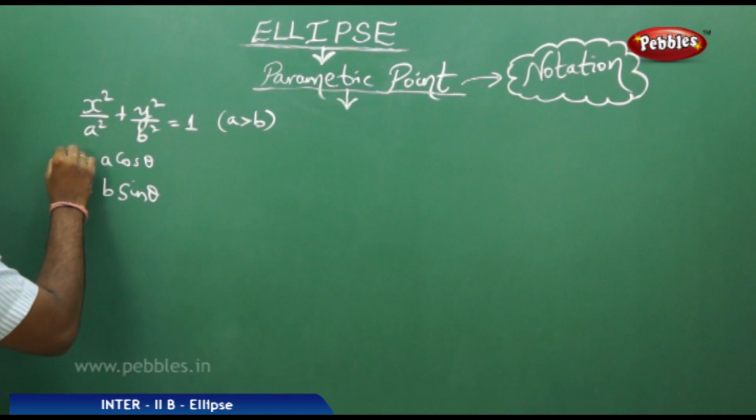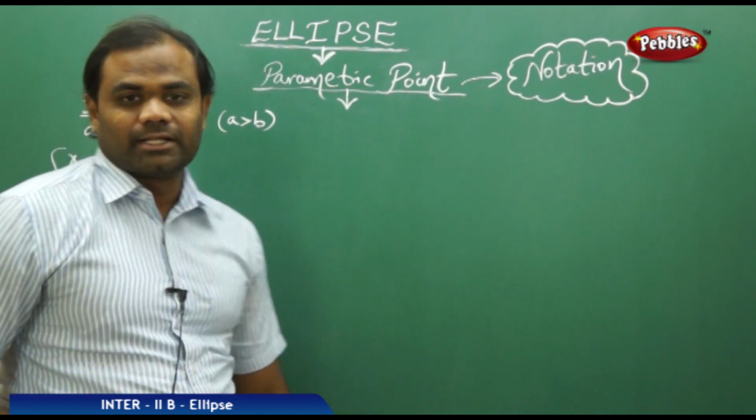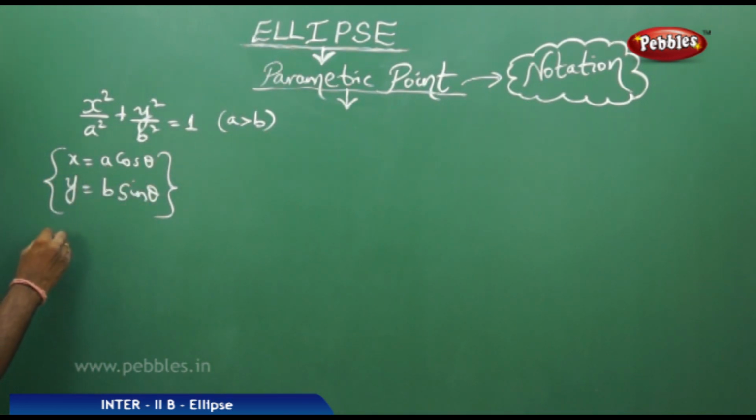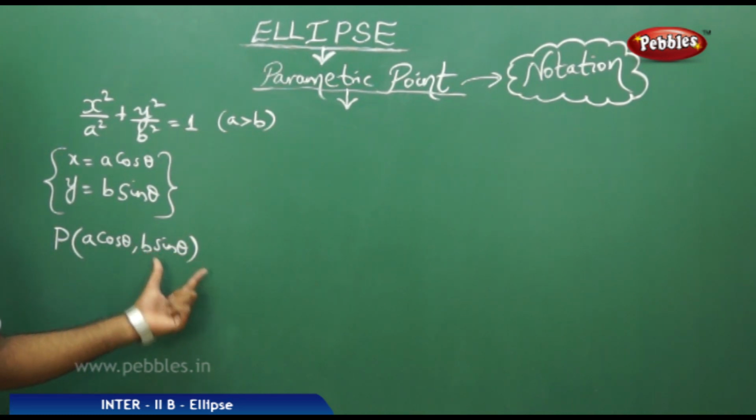With these parametric equations, we define the parametric point. That is, the x coordinate can be written in the angle form as a cos theta, and the y coordinate as b sin theta.